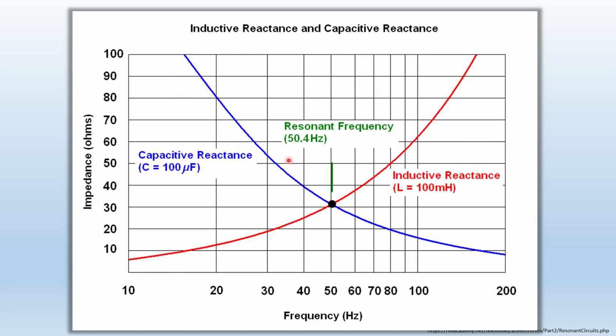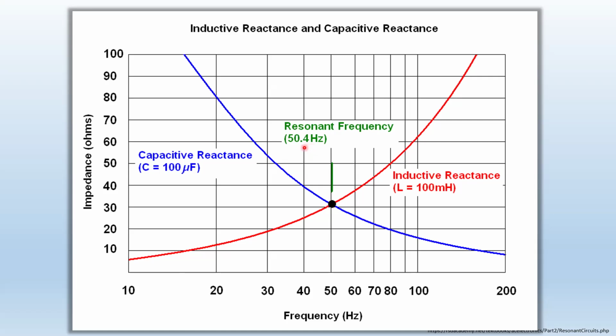For these two, a 100 microfarads capacitor and a 100 millihenries coil, at some point when you put those two graphs together, you're going to have some kind of frequency that has the same reactance for both of them. That's an interesting phenomenon when that happens, because in this case we call that resonant frequency.